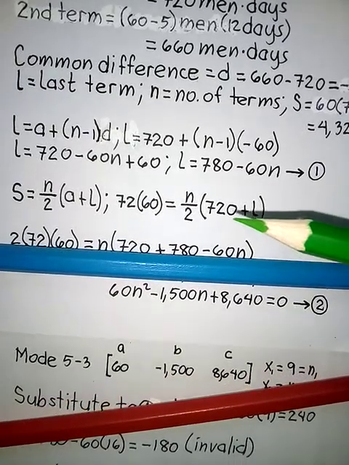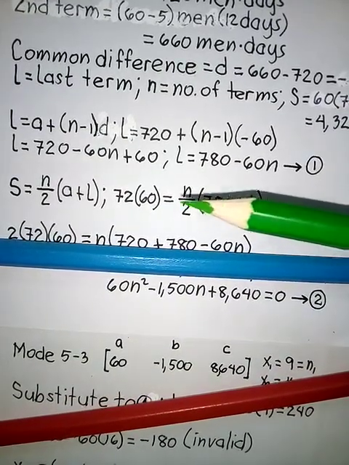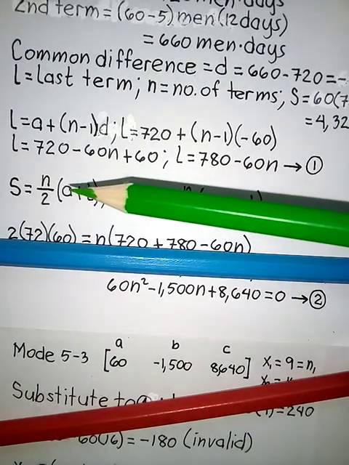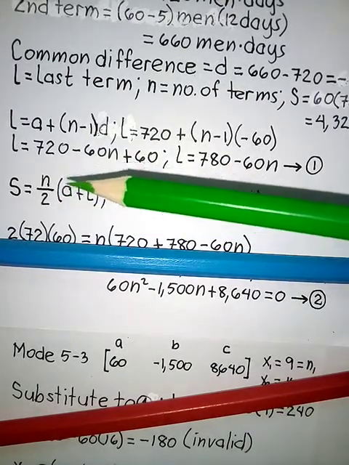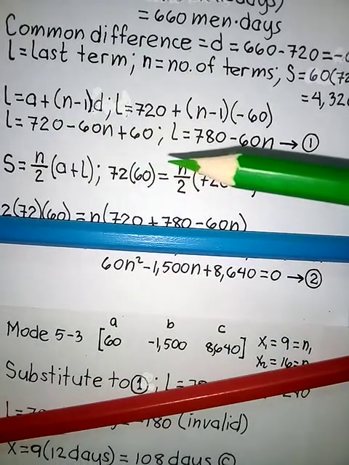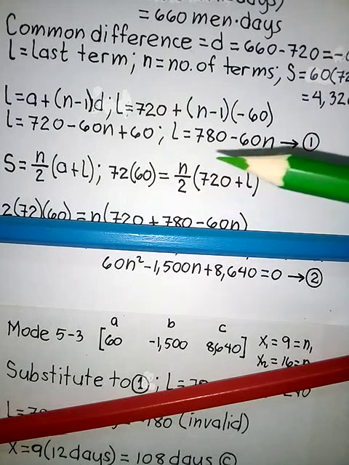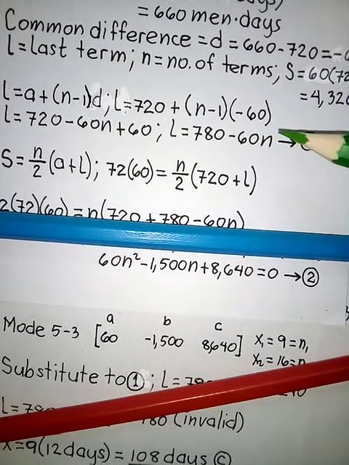We also have the formula for the sum: the number of terms divided by 2 multiplied by the first term plus the last term. The sum is equal to 72 multiplied by 60, or 4,320.